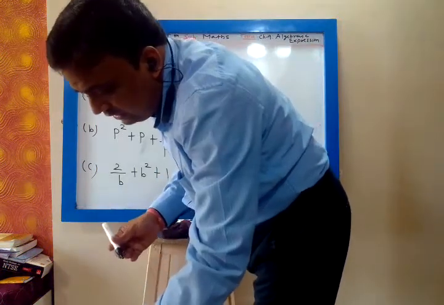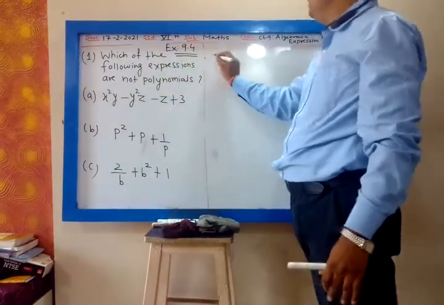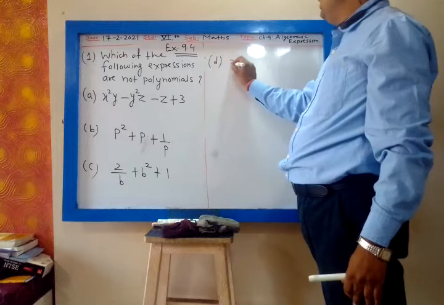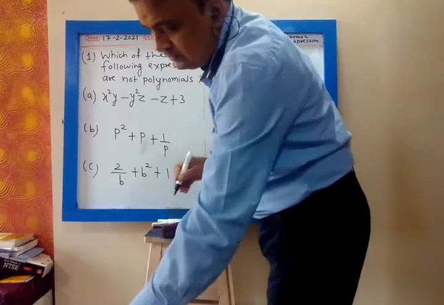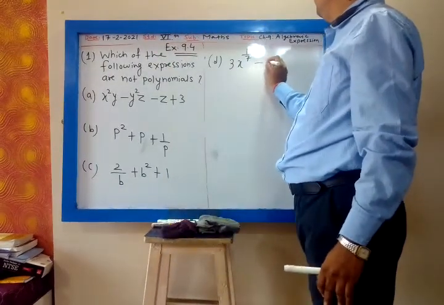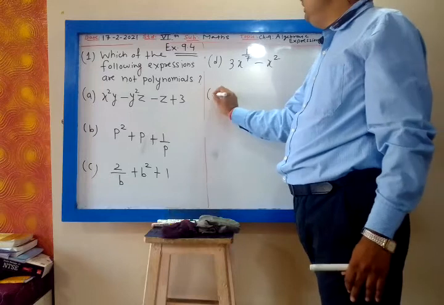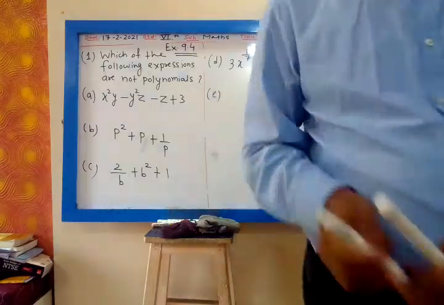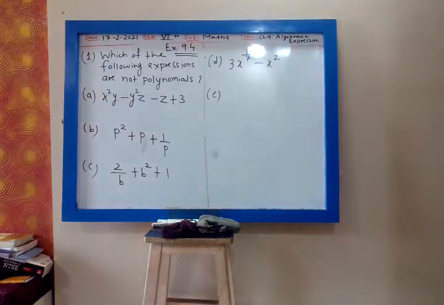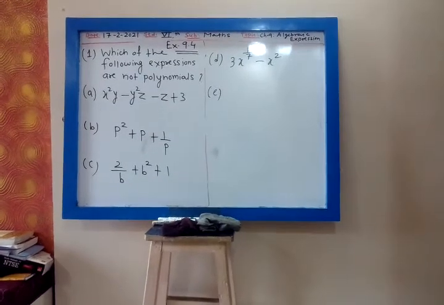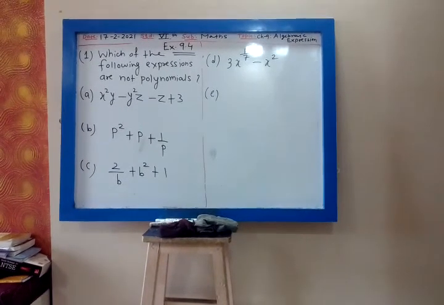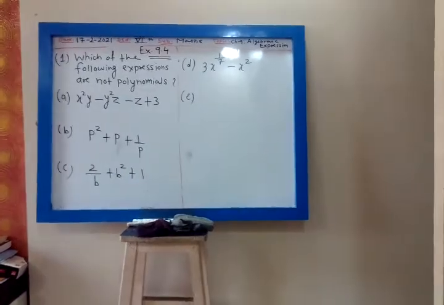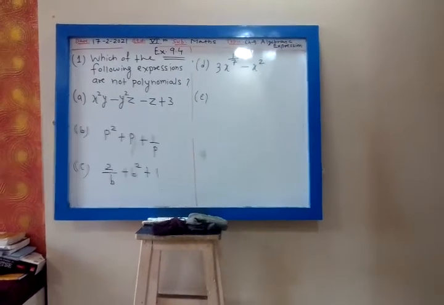D, 3x raised to 1 upon 7 minus x square. Then E. 1 minute. No problem. 3x raised to 1 upon 7 minus x square. Now it is clear, right?